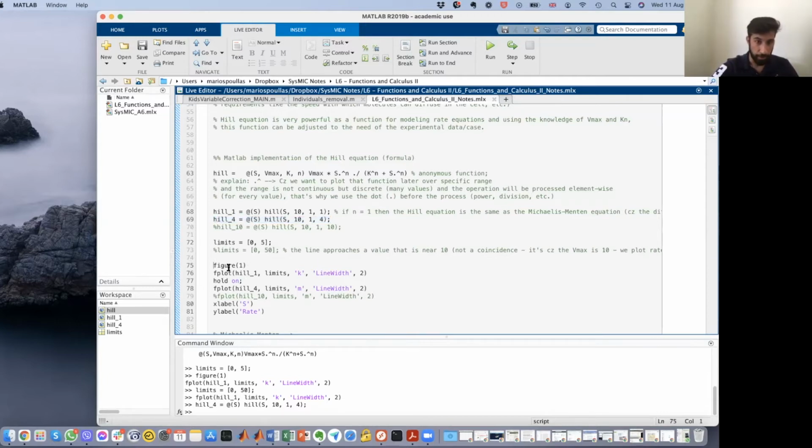I'm going to run this part of the code all together. As you can see, I'm using hold on here, which means that in figure 1, I will plot Hill 1, with the exponent equal to 1, and then use hold on in order to plot in the same figure the second plot, Hill 4, the one with the exponent equal to 4.